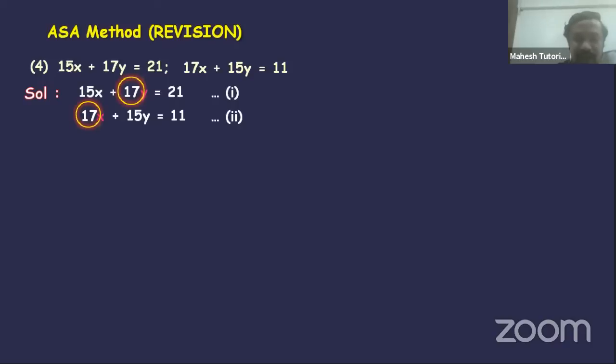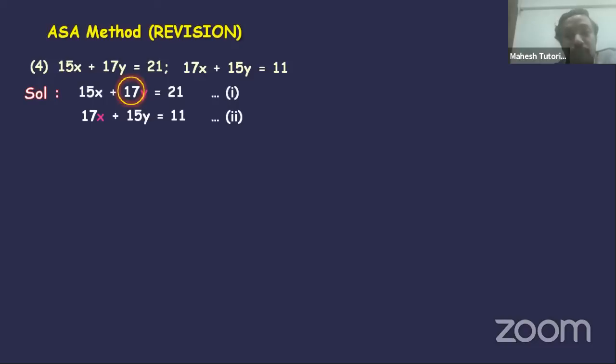It means इक्वेशन 1 में जो x के साथ था वो इक्वेशन 2 में y के साथ हो गया. इक्वेशन 1 में जो y के साथ था वो इक्वेशन 2 में x के साथ हो गया. In other words, we can say that there is interchange of coefficients. What did I say, students? There is interchange of coefficients.